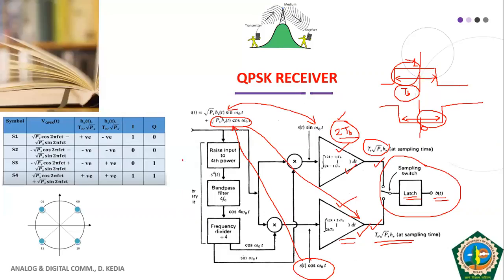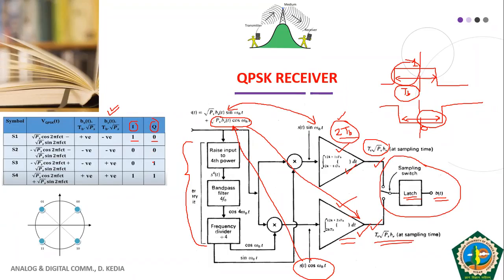signal back, and we have also seen how we recover our carrier for the purpose of coherent detection. And this table is just for your reference, which gives us an idea of how we get ones and zeros in our I channel and Q channel, that is, the in-phase channel and the quadrature channel.